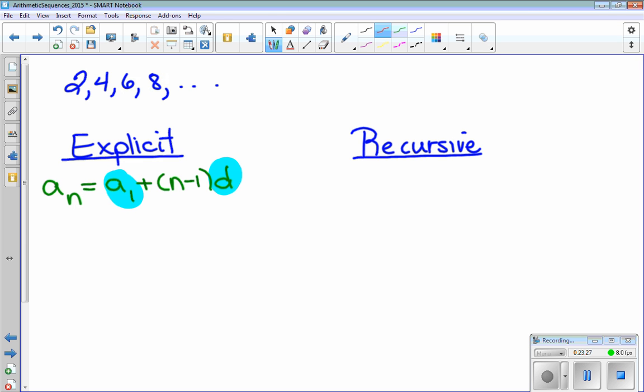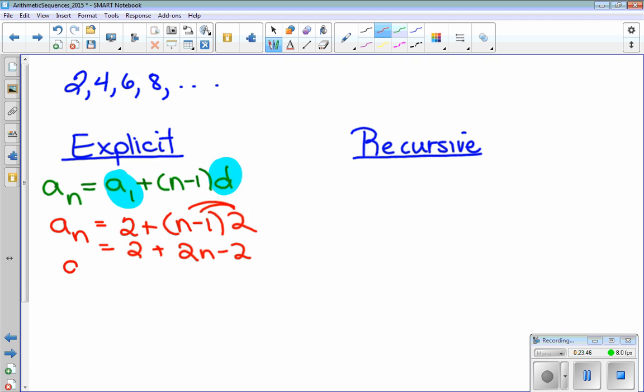Oh, 2 is the a sub 1 plus n minus 1, and then what's my d? D is also 2. Okay, that'll get you partial credit. We'll need to distribute. That is just 2n. So that's the explicit formula.